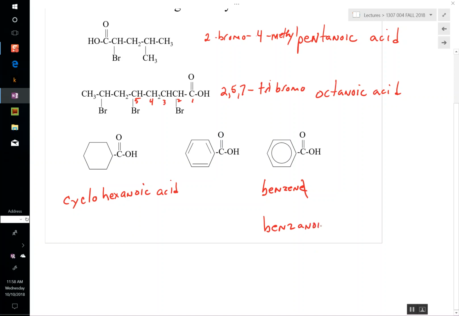Benzoic. We are going to mess with this one a little bit. Instead of benzenoic acid, it's going to be benzoic acid. So we are changing a little bit. But they're both benzoic acid, just two different ways of drawing them.